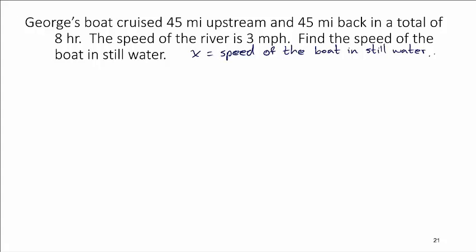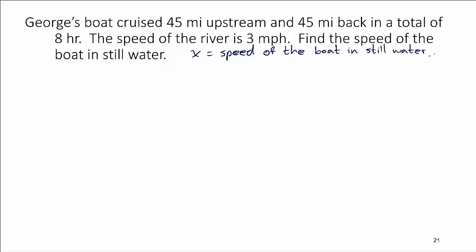Now, before we set up an equation, I think it's a good idea to figure out, like in a distance equals rate times time problem, you usually have a couple scenarios. So for instance, we've got a boat. Some of the trip it's going upstream at a certain rate, and some of the trip it's going downstream at a different rate, right? But we know that the speed of the river is 3 miles per hour.